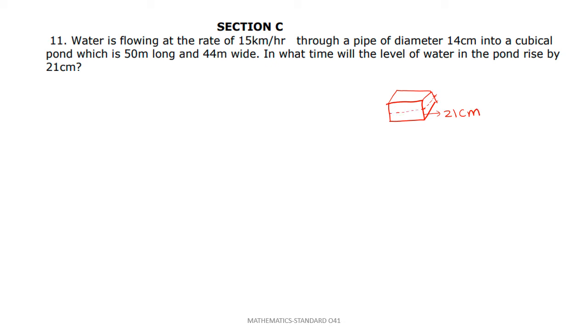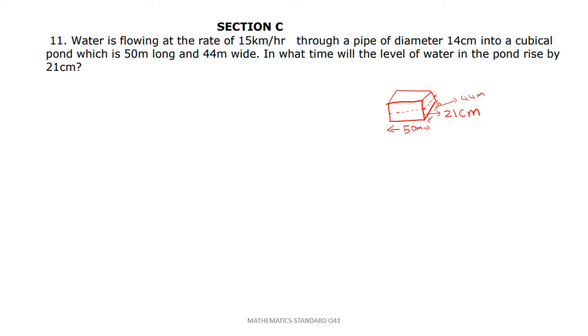Okay, only till 21 centimeter, not the full pond. And this is 50 meter long and 44 meter wide. Okay, so regarding the pond, we know three information: 50 meter, 21 centimeter and 44 meter.